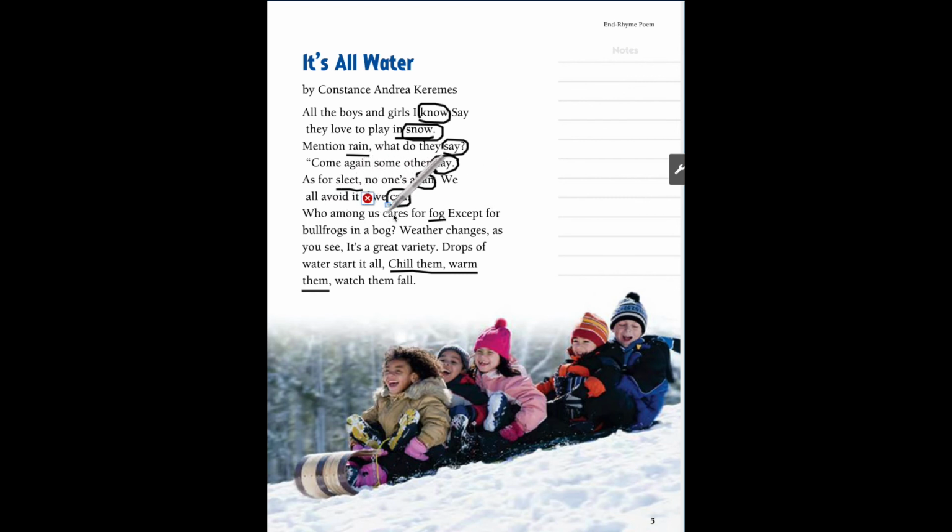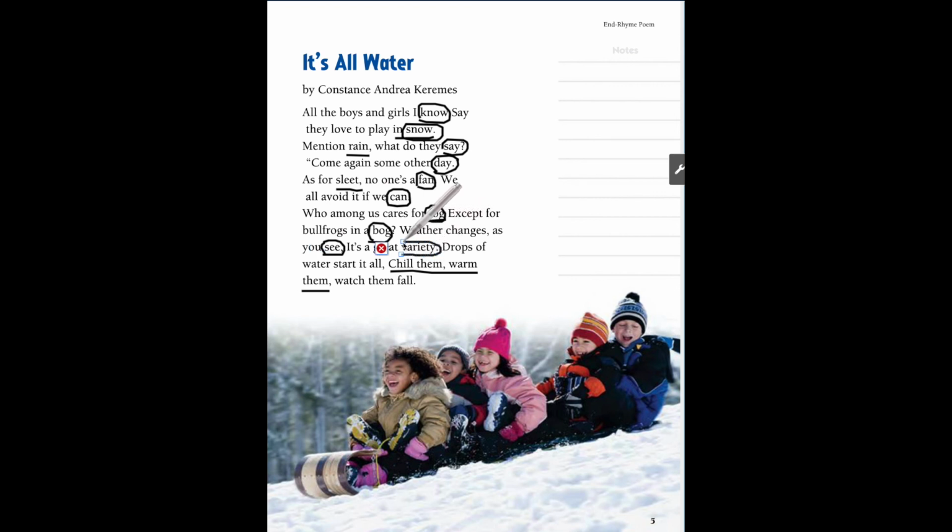So who among us cares for fog except for bullfrogs in a bog? Fog, bog. Weather changes as you see. It's a great variety. Okay, so here's an example of one where it doesn't have the same spelling.